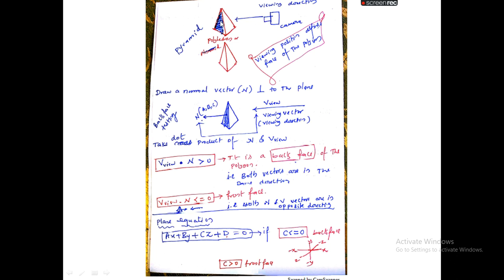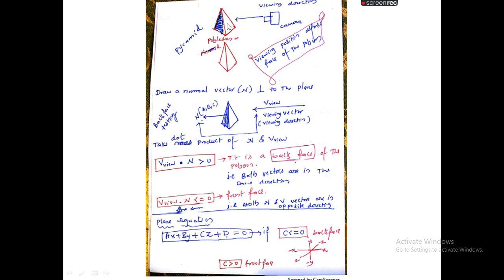If you see this triangle or this surface of the pyramid, it is not visible to the viewer. We can say that this triangle or this surface is away from the observer. Hence, this is called the back face of the polygon or back face of the object.